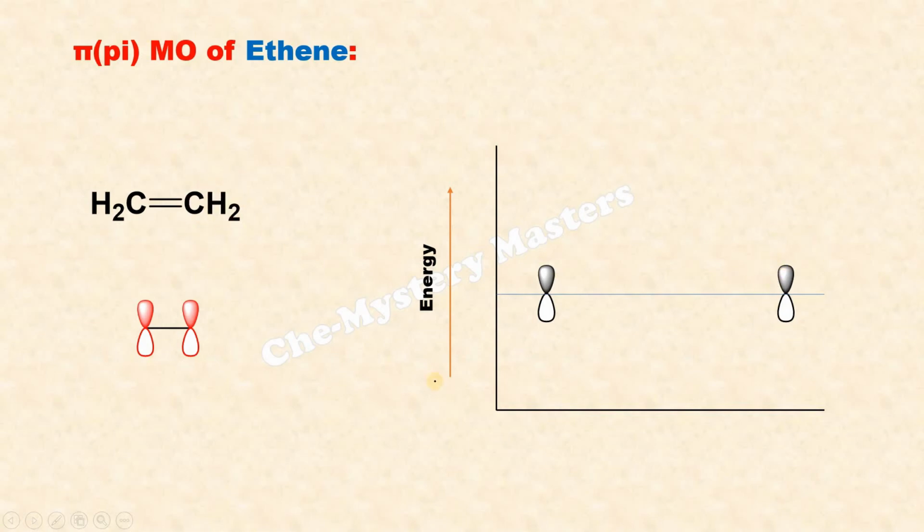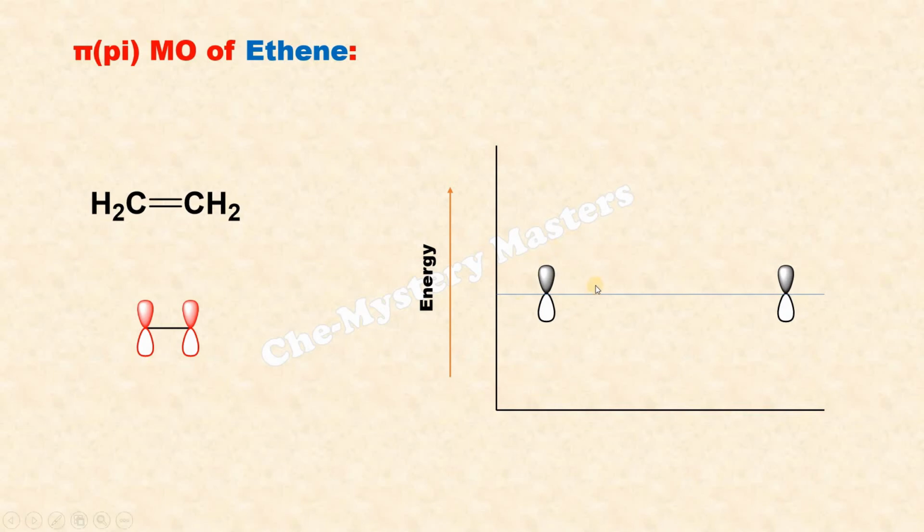So these are the two atomic orbitals of these two carbons. We already know that these will join each other, and when they come near each other, they will form the molecular orbitals. The number of these molecular orbitals will always be equal to the number of atomic orbitals.